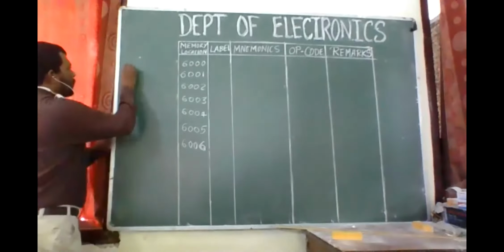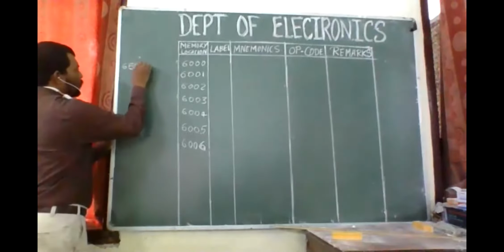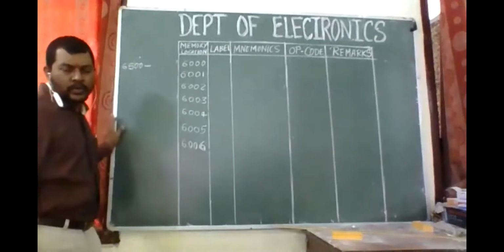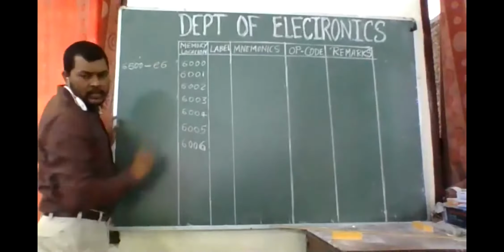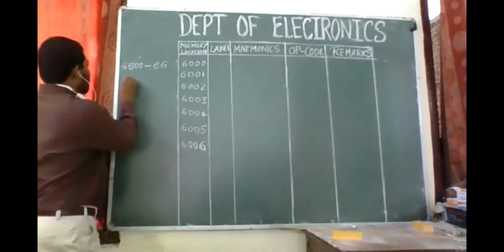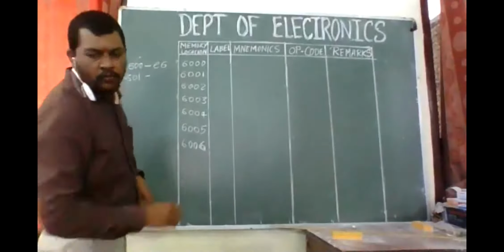Yes, let me try this. So I'm writing this. Let it be say 6500. Here the data is stored. The data is E6. Then we have 6501. The data is 1A.